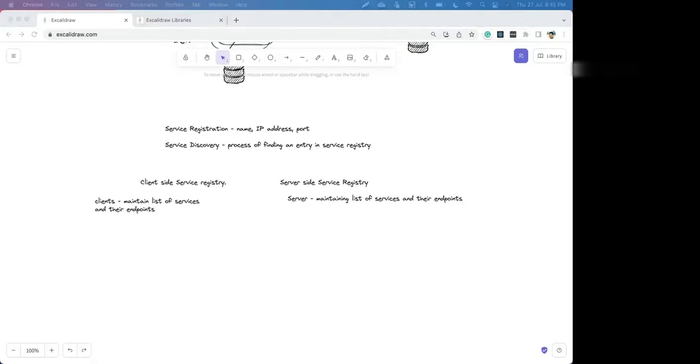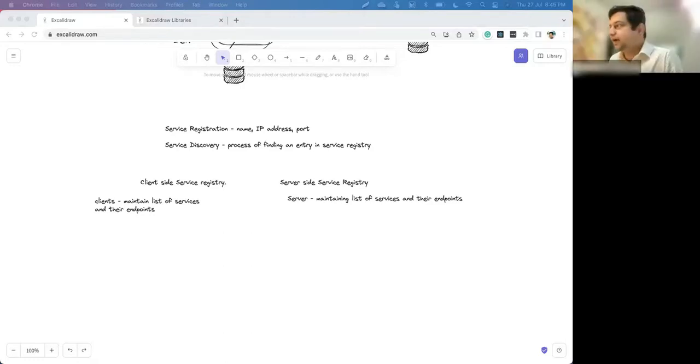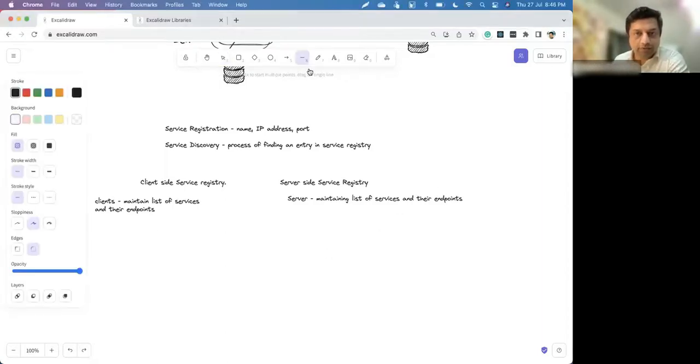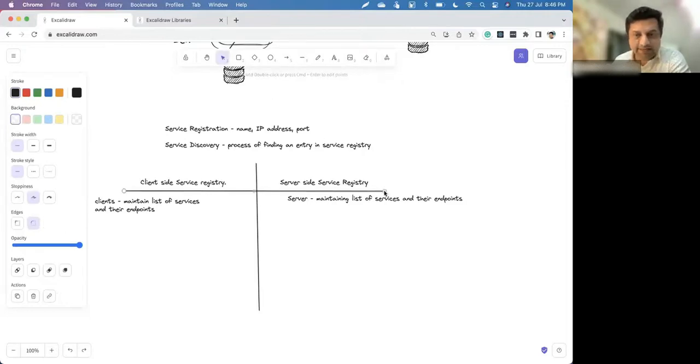My question is, I'm a client, and let's suppose I'm using the Amazon application. Where do I maintain the registry? See, you don't have to; this will be implemented on the infrastructure side. But yes, service registry can happen either on the server side or on the client side.